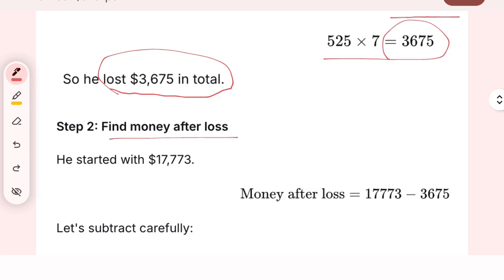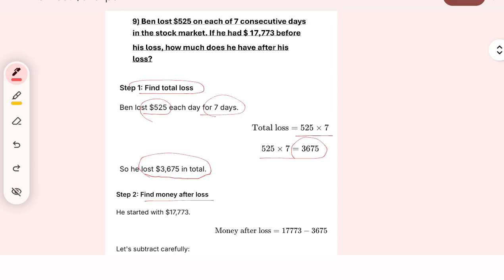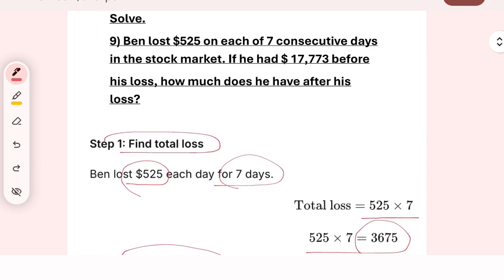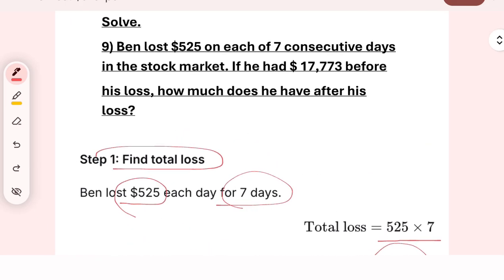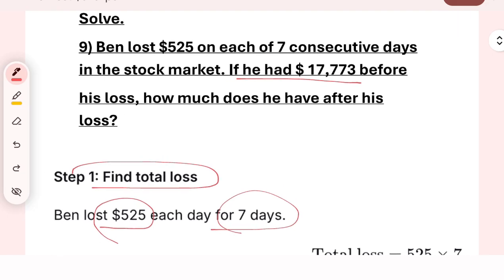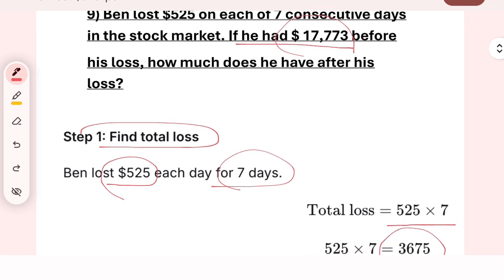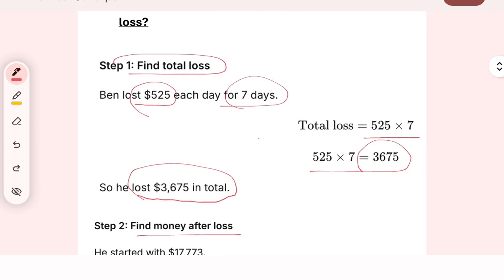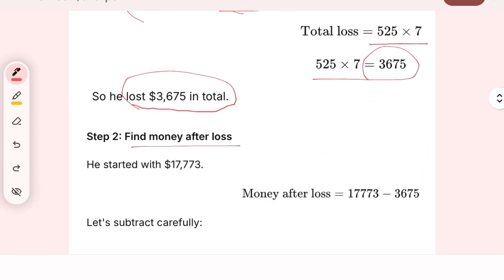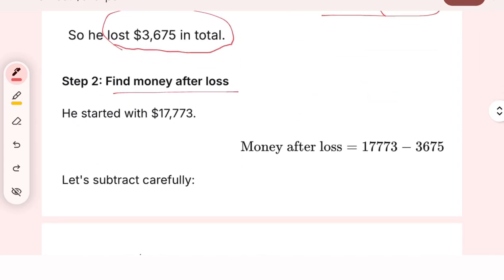Let's go back to the problem. It says, if he had 17,773 before his loss, how much does he have after his loss? So before he lost his money, he actually had 17,773. And then what would be his remaining money after he lost the amount of 3,675?